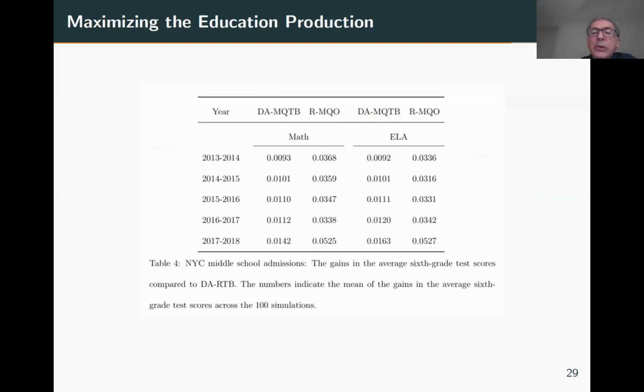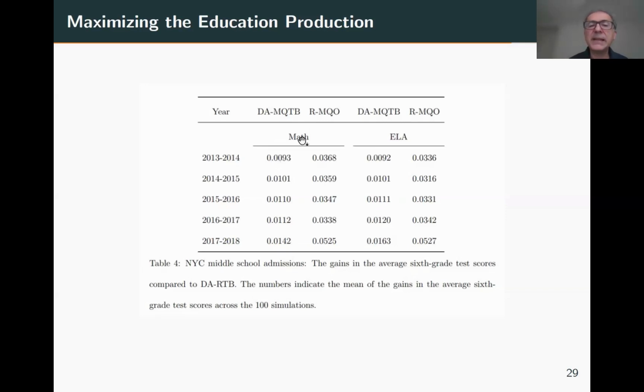And when we do this, here's what we get. In terms of math, when I break the ties by using match quality, this is the intuitive one. By the way, the deferred acceptance with random tie breaking is normalized to 0 in this exercise. So these are the gains on top of deferred acceptance with random tie breaking.